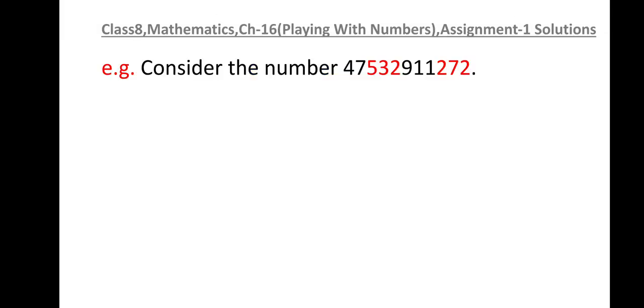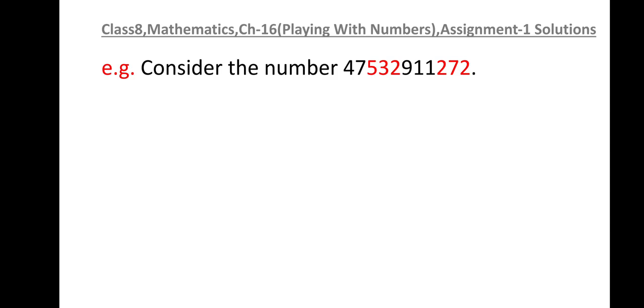Consider the number. This is the number I have taken. Now, as the rule says, we need to take the difference of sums of the digits in alternate blocks of 3 digits. We need to make the blocks of 3 digits, and we need to take the alternate blocks.